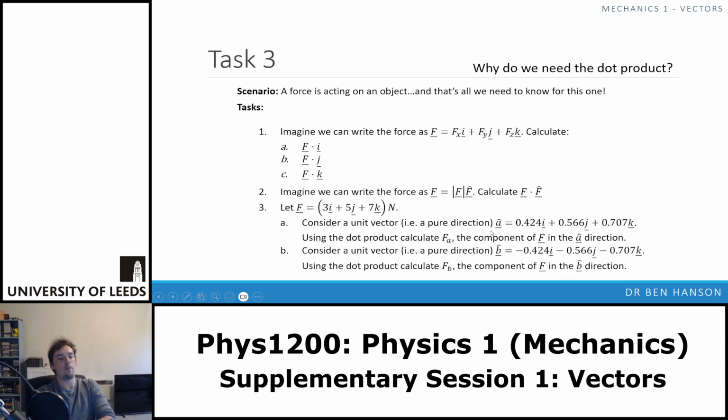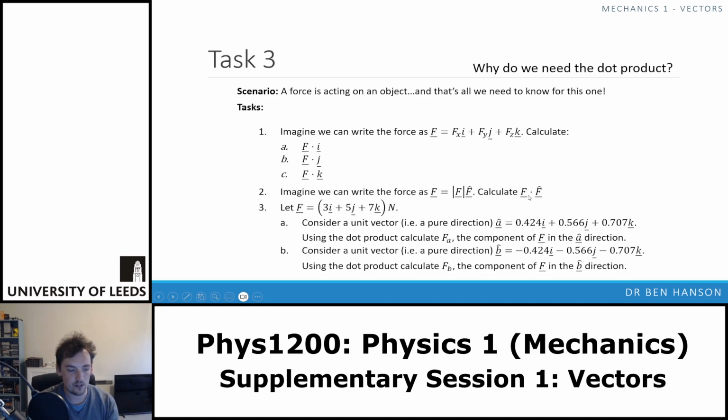So why do we need the dot product? This is a task, it'll take you 15 minutes or so, maybe 20. A force is acting on an object, and that's all we know. Imagine we can write that force as Fx in the i direction, Fy in the j direction, and Fz in the k direction. Calculate F dot i, F dot j, and F dot k. Imagine we can write it as the magnitude times the direction.